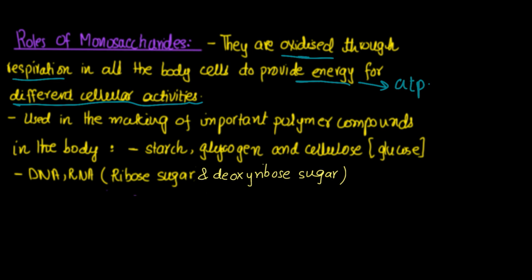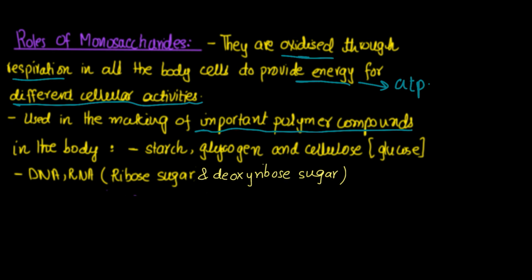Examples of cellular activities can be DNA replication, endocytosis, active transport, nerve impulse transmission, muscle contraction, etc. The second thing, they are used in the making of important polymer compounds.